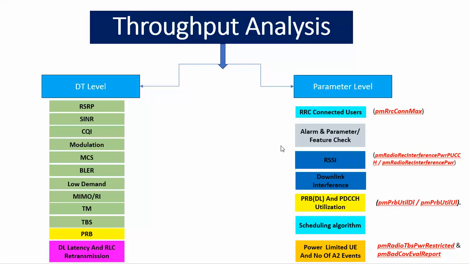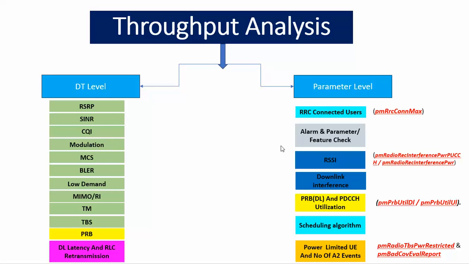And second, check uplink RSSI. If uplink RSSI is high, that also creates uplink interference. Also check downlink interference, PRB utilization and PDCCH utilization. All these things need to be checked on the eNode B side.